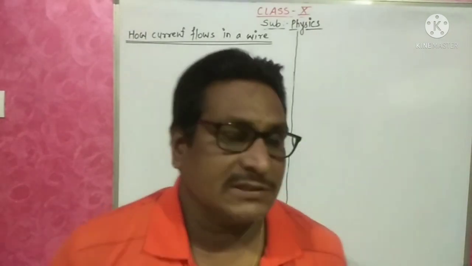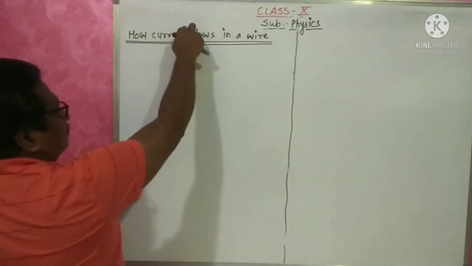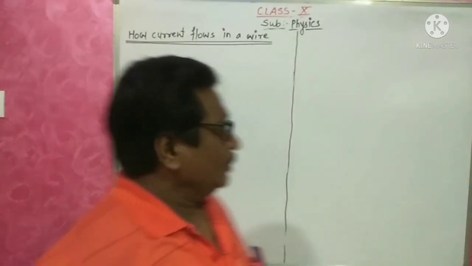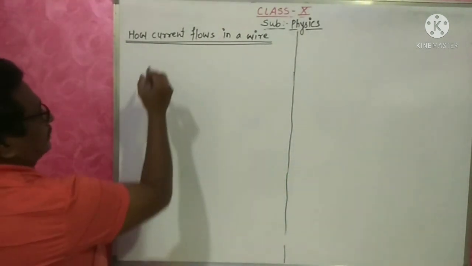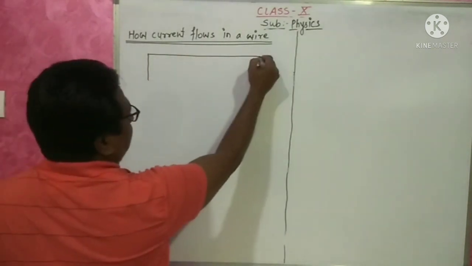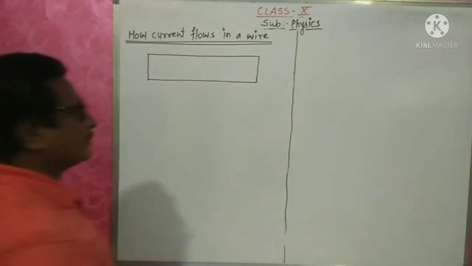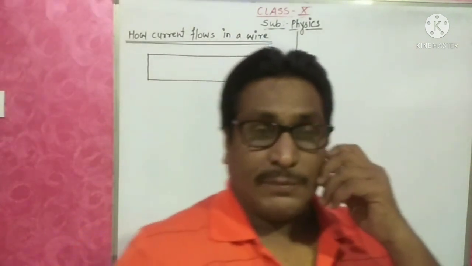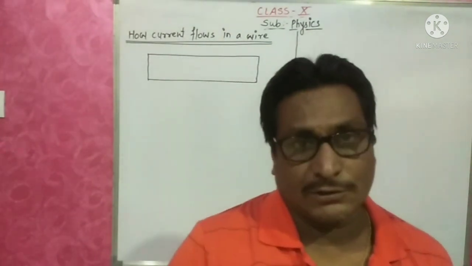So next is how current flows in a wire. How does current flow in a wire? A wire is made up of a conductor.